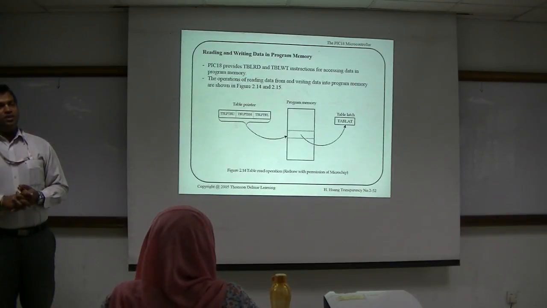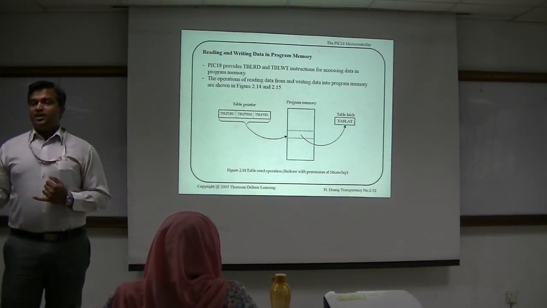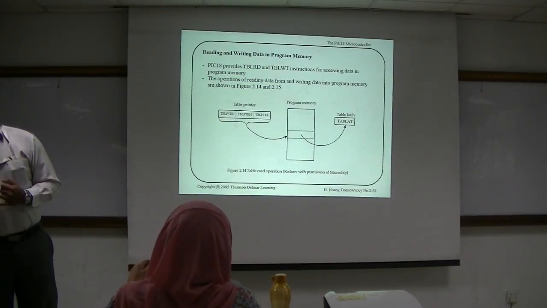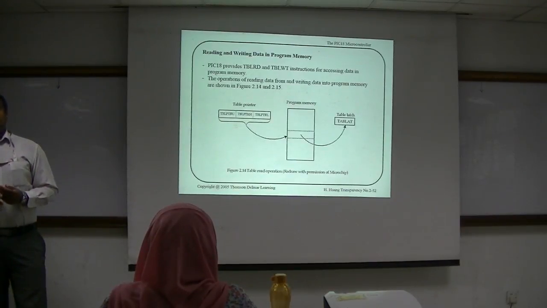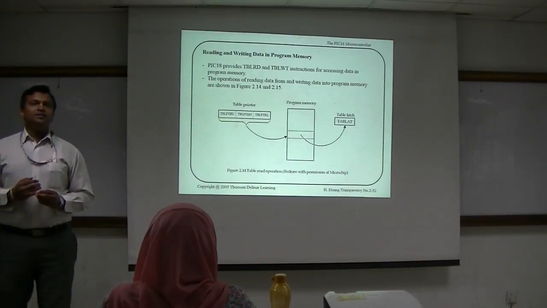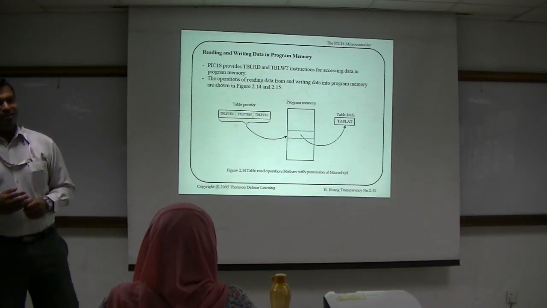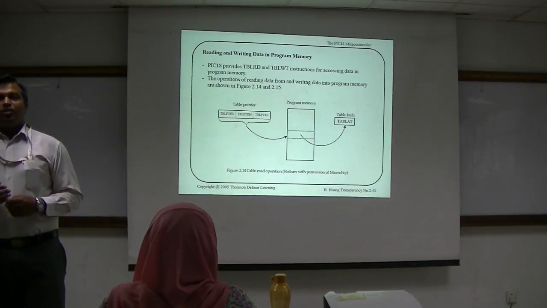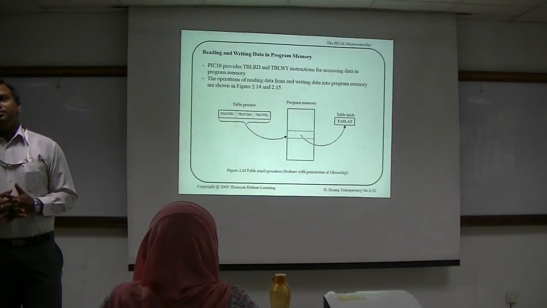Earlier we learned about the data directives which can be used to store data in program memory, right? What are those data directives that we use to store data in program memory? Just voice out, never mind. If you make mistakes, it's fine.